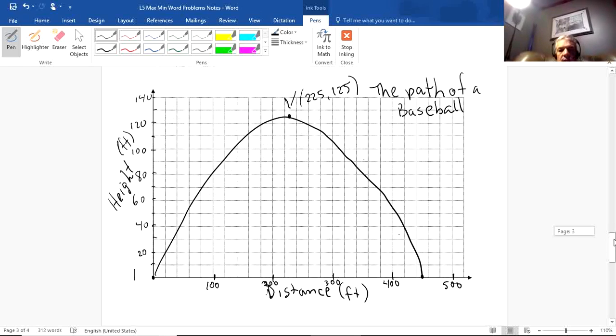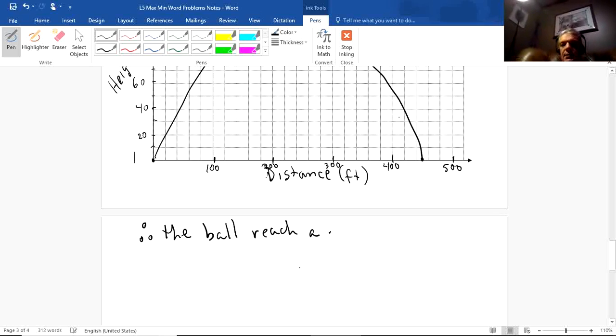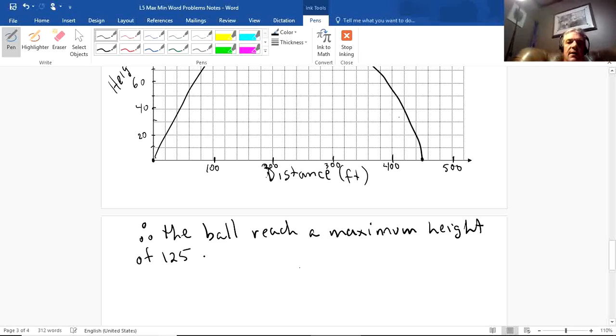So yes, he did. So I need a little more room. So I got some room on this next page. So I'd write, therefore, the ball reached a maximum height of 125 feet. This is important for when they're building stadiums that are indoors.